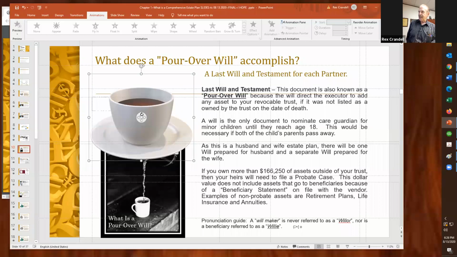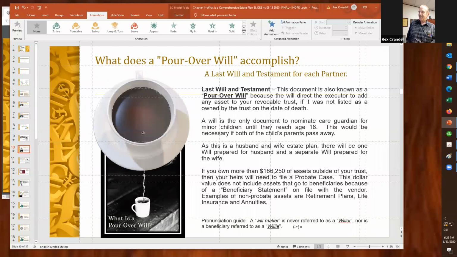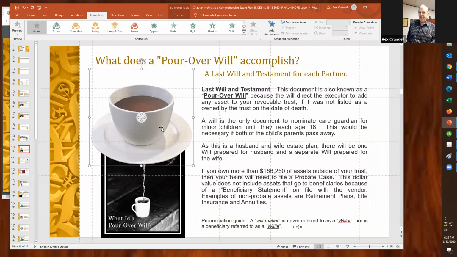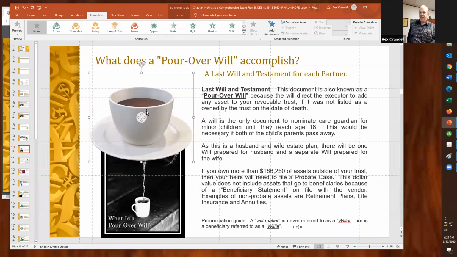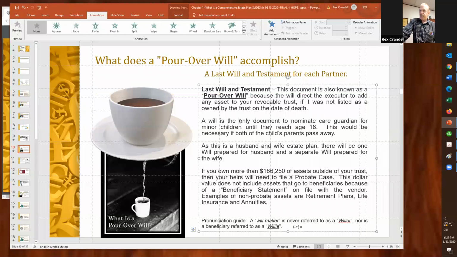We call it a pour over will because anything that it governs, if you have any asset that's governed by the will, go put it in the trust. If the trust is invalid for any reason, do what the trust says anyway.